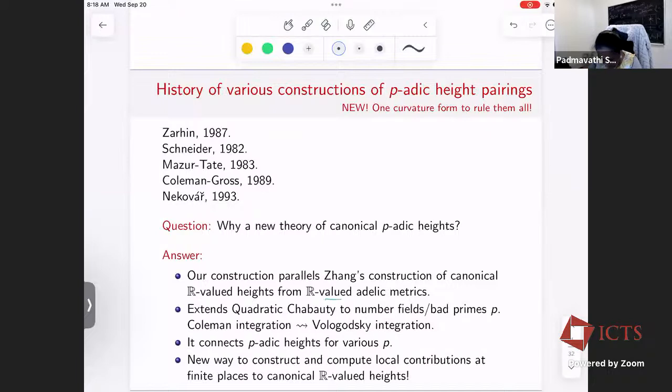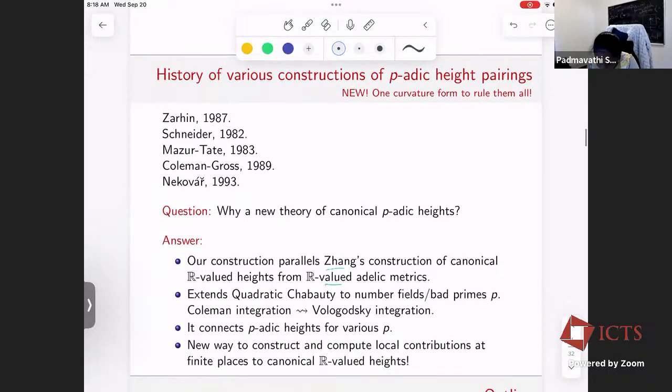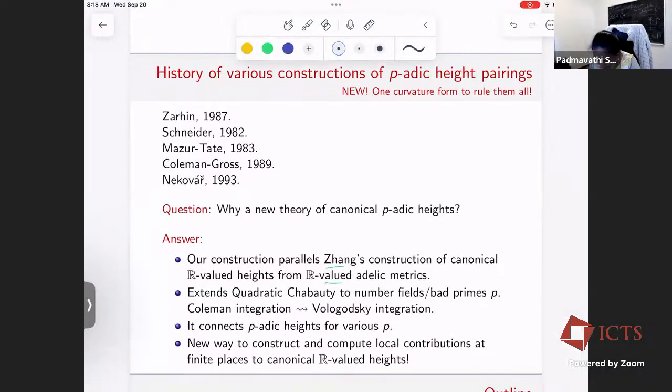Our definition, you will see, parallels Zhang's construction of Néron-Tate heights from adelic metrics. Another nice feature is that from the definition it very naturally generalizes to primes p of bad reduction for the curve. Initially, when quadratic Chabauty was first introduced, it was for Q and for low degree number fields where you could verify a certain dimension hypothesis was true. So this framework very naturally extends.